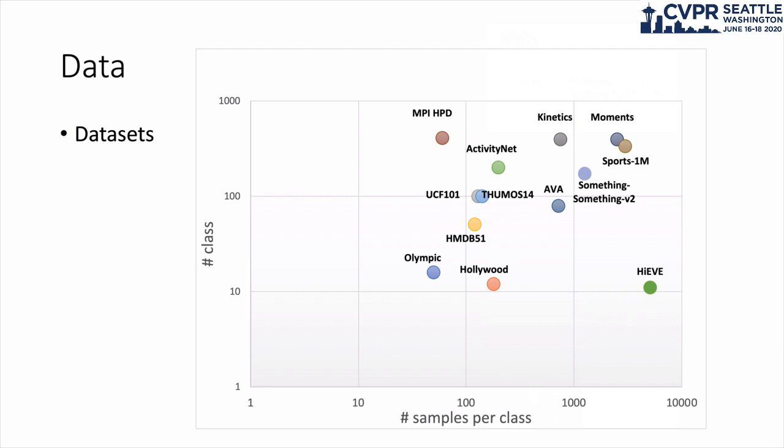Here, let's have a brief review of the number of classes and number of samples per class for different activity understanding datasets. From this graph, we can see that recent large-scale datasets have improved these 2 aspects. We have hundreds of classes and thousands of samples per class.